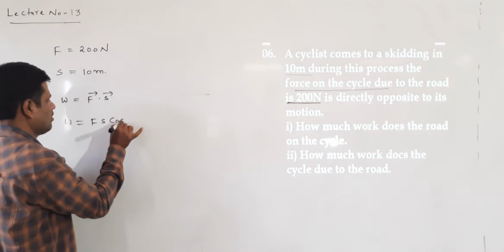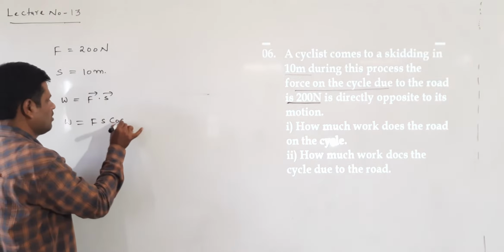This is the force on the cycle due to road. This is the force on the road due to cycle, that is also 200 Newton. This is coming from Newton's third law: every action has an equal and opposite reaction.